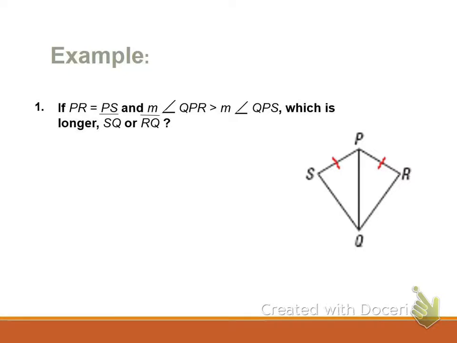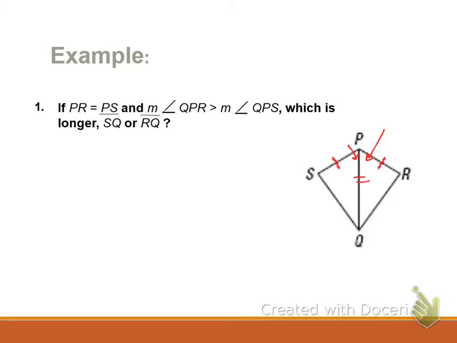Another way here. In this diagram, we know that PR and PS are the same. And then we know that the measure of angle QPR, this angle, is bigger than this angle. Which is longer, SQ or RQ?